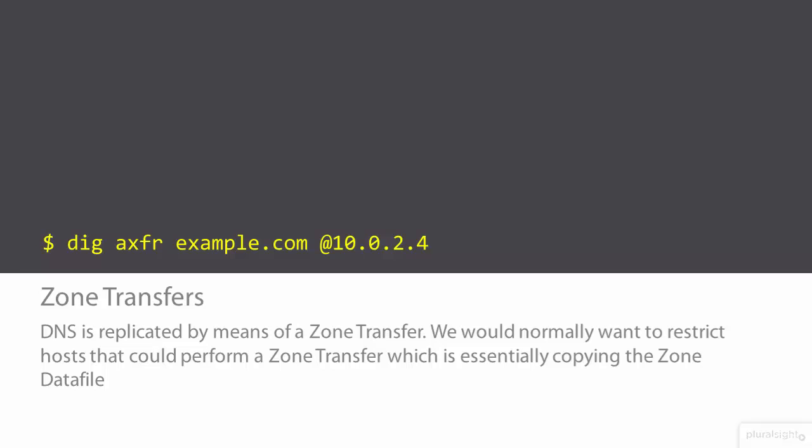Now, of course, we would normally be implementing restrictions to ensure that transfers could only take place to the designated secondary servers. Also, when we are doing a zone transfer, I can do a transfer from any server that hosts that domain. So, for example, we could have a secondary server synchronizing or replicating with another secondary server.